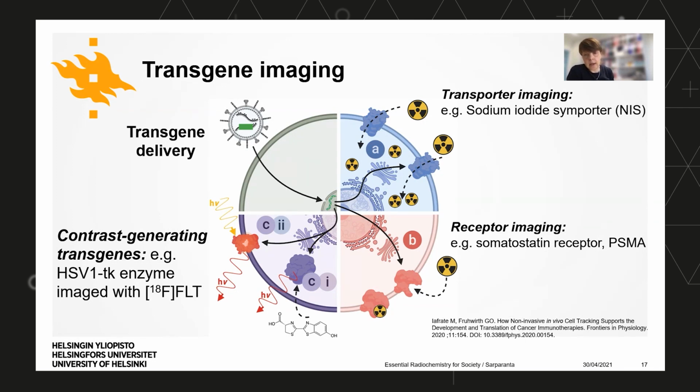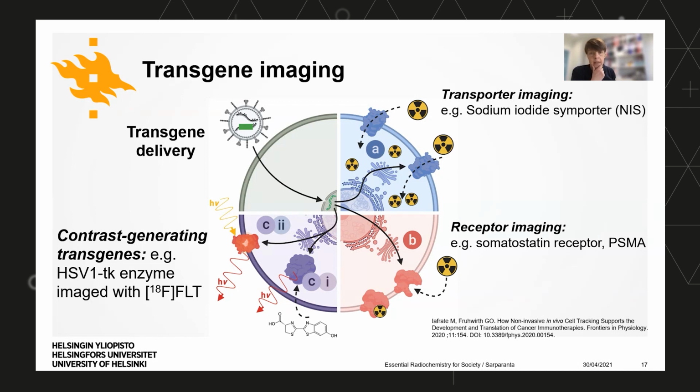Those transgenes can give rise to transporters on the cell surface. Most widely known is the sodium iodide importer, or NIS, that can be addressed by just injection of radiolabeled or radioactive iodine.